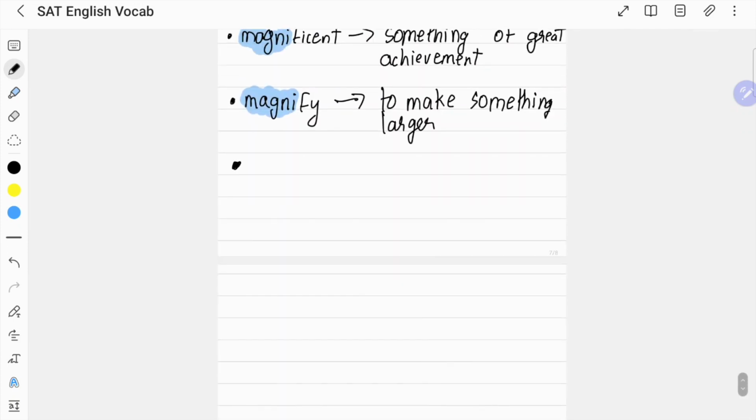Another word we can use is magnate, which means a great person or powerful person when it comes to business. A great person in business.